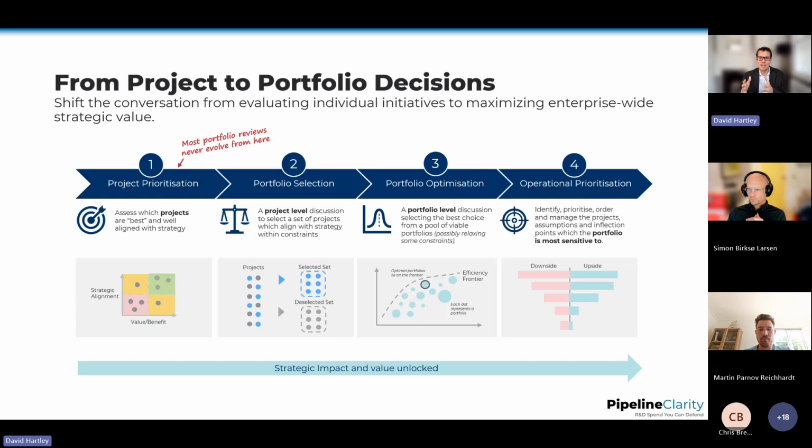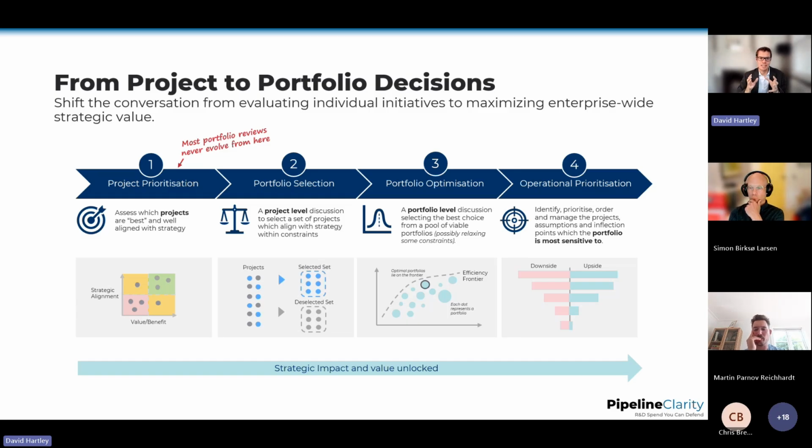The ultimate goal and the top end of maturity is, in addition to that portfolio level discussion and portfolio level optimization, you're also doing an operational prioritization as part of this activity, where you're identifying, prioritizing, and managing the project assumptions, risks, and inflection points which the different portfolios are sensitive to.